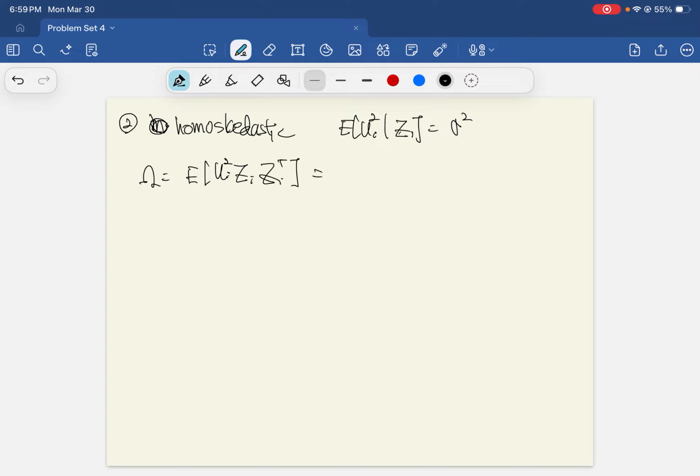It simplifies to sigma squared times the expectation of zi zi transpose. Then we need its estimator. So the expectation can be replaced by the sample average.